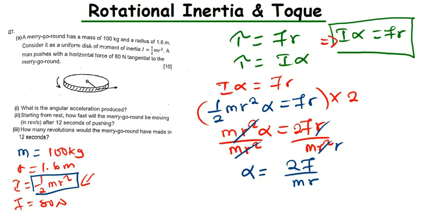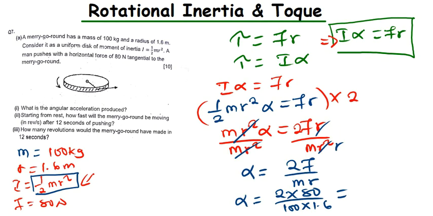Let's plug in the values. Our alpha will be 2 times 80 divided by the mass, which is 100, times the radius, which is 1.6. So 2 times 80 is 160.